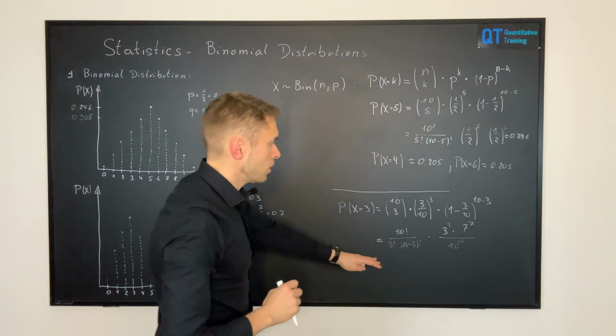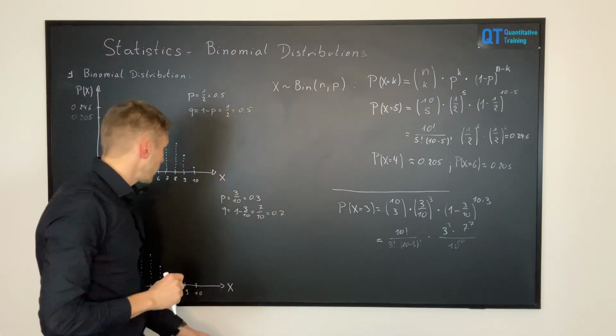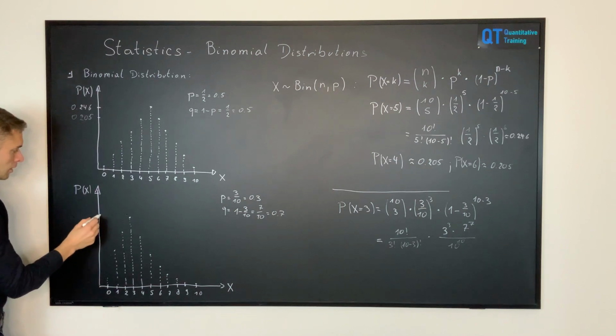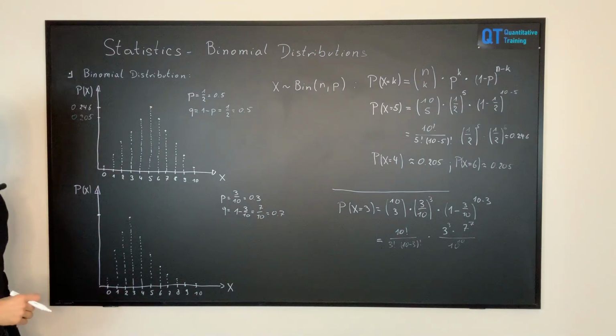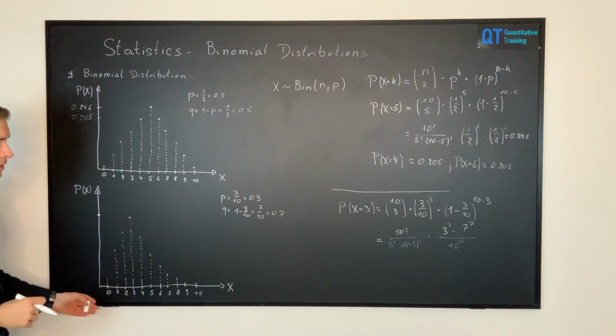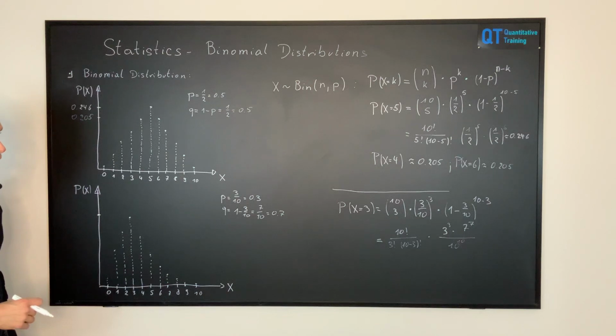So you can easily work this out, and you will find the value that corresponds to this. This can be easily done. You can also write a computer program that runs all the different results from 0 to 10, but you can do it also by hand.